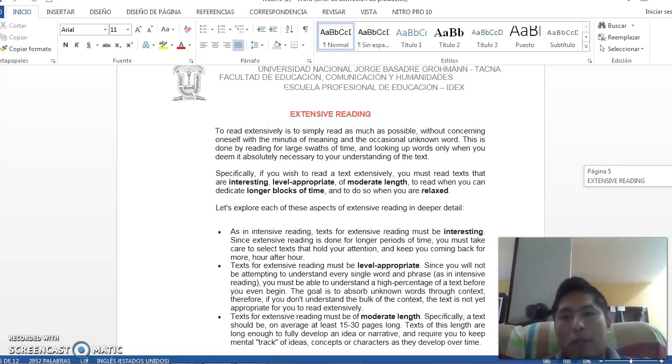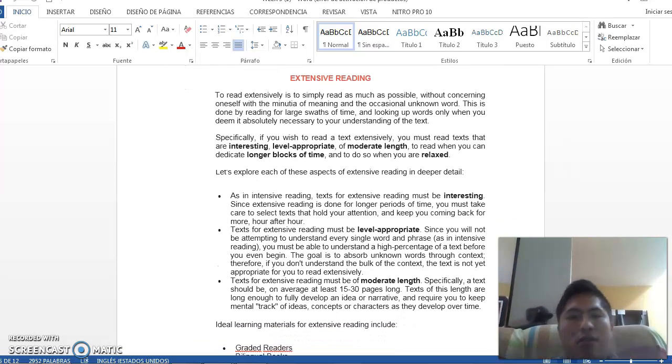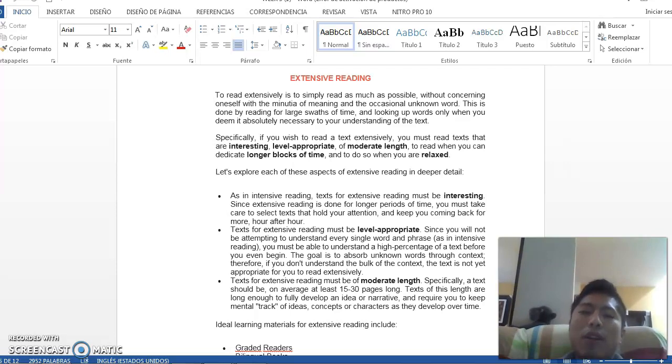Here, extensive reading is just read as much as possible, because I think the most important idea is that this is academic. So we read a lot just to get some important information for us, to increase or to improve our vocabulary if we talk about English, of course.